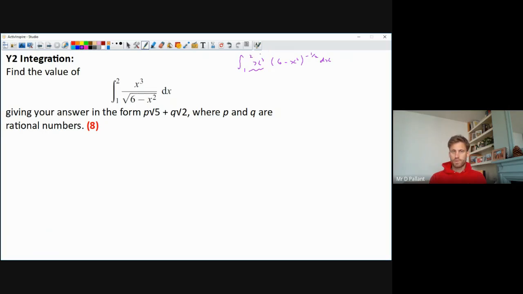It's got too high a power. So that can't work. The top cannot be the differential of the bottom. So we can't use an inspection method. We can't use a log method.